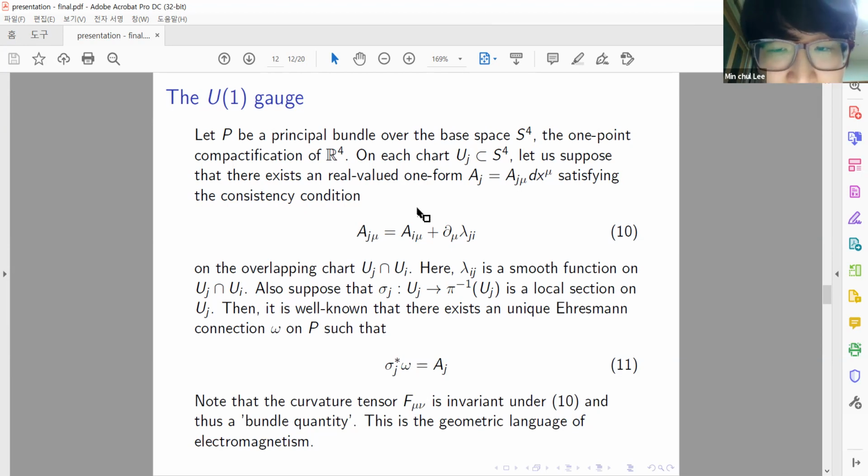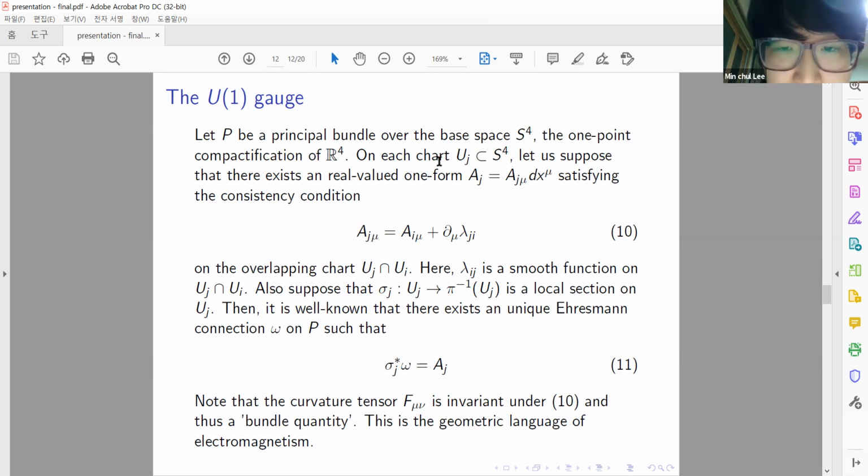We deal with the base space S4 instead of the ordinary R4 because from now on we need to consider a non-trivial principal bundle, and we need to impose some asymptotic conditions on the gauge potentials. These are related to the instanton effects. On R4 there's no instanton effect, and the principal bundle is known to be trivial because R4 is contractible.